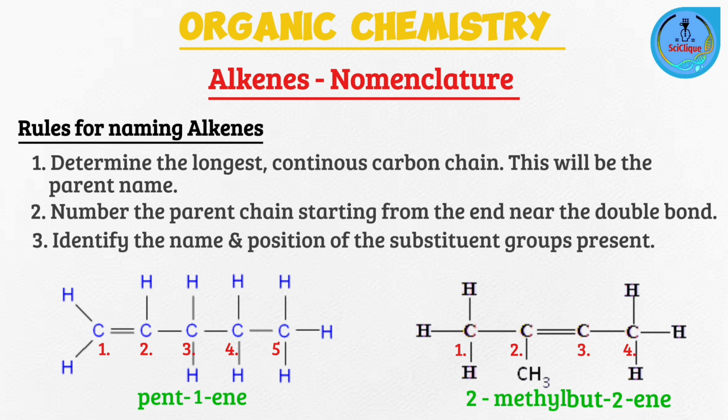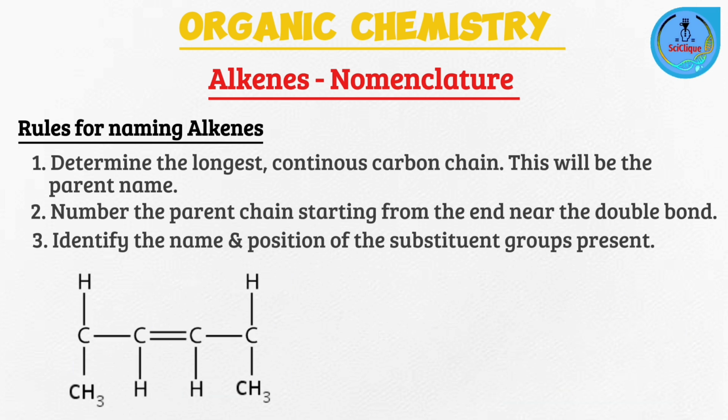I'm going to do an example and you are going to see how we use the commas. Now I want to say this, don't leave any spaces in the name. Don't leave a space between methyl and but like that. It's going to cost you, okay? So no spaces and no capital letters.